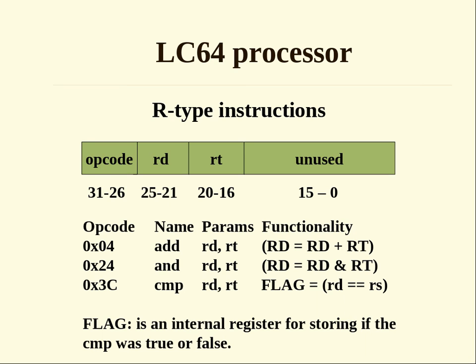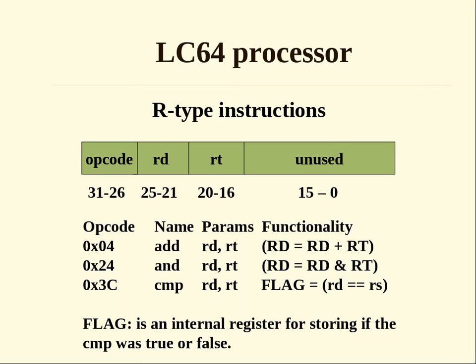Okay, there are different types of instructions, and this is just to help us signify or group together the instructions we're working on. There's the R type where you have your opcode, register destination, register target. And the opcode here is 4 because that's what x86 uses. Notice that the opcode is 6 bits.